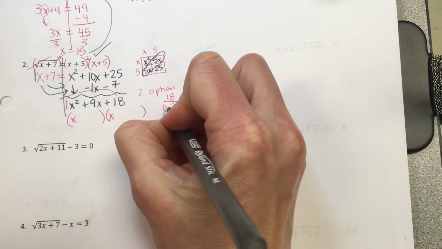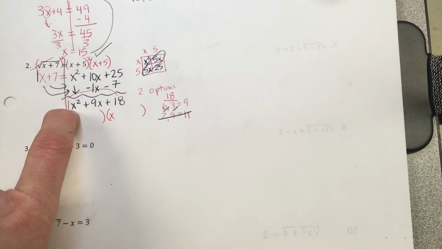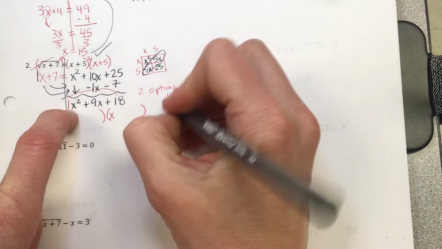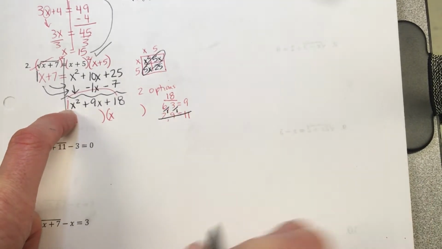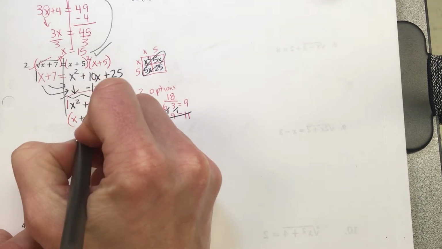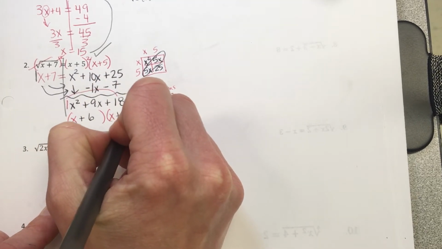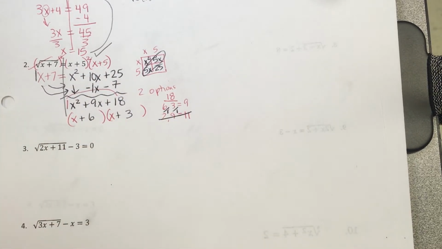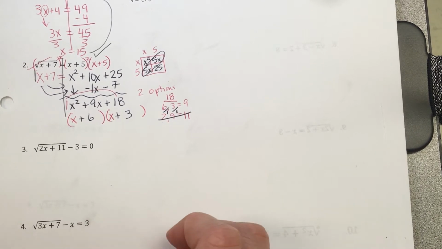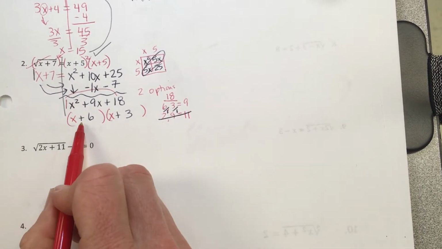Remember, you always have to divide those by the front number, which in this case is just 1. Does that change anything? No, okay. So you get x plus 6, x plus 3. And if you weren't tired enough, you get to finish the problem.